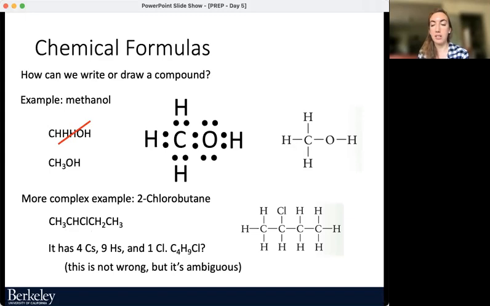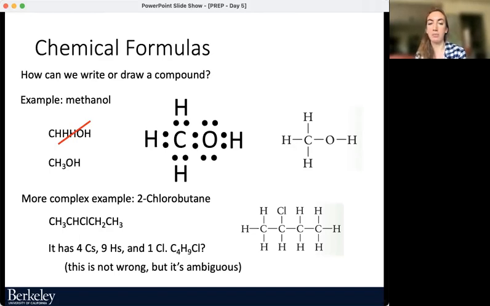When I shortened it to C4H9Cl, does it matter in which order they're written? There are conventions about what order it's written in, so it would be really unusual to see it written as H9Cl C4, and there are rules about figuring out which order to write them in, but it does convey the same information.